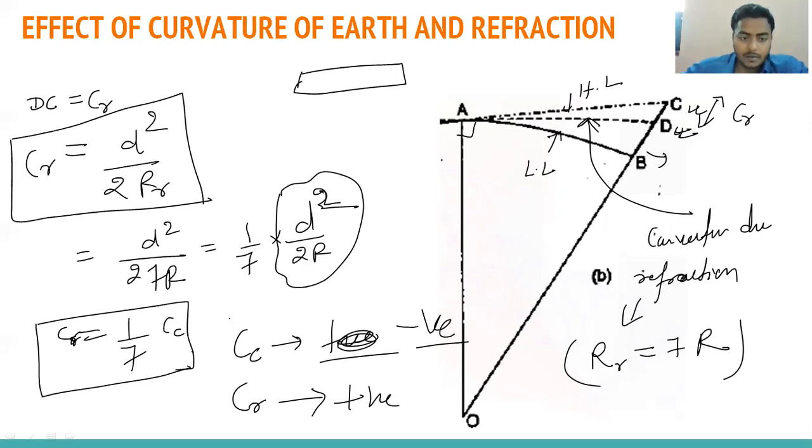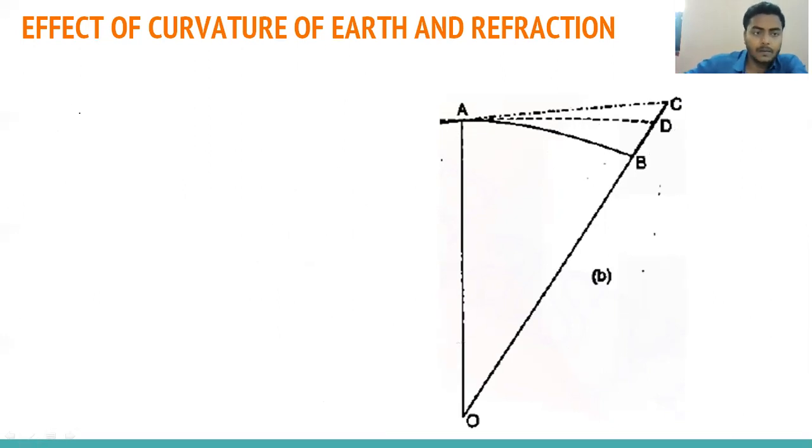So for correction, we can do this. Now, one more thing we can write is the combined correction. So we are getting CC equal to D square divided by 2, also we can write 0.07849 D square.